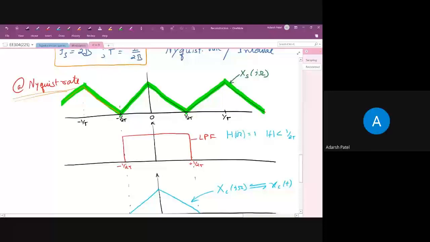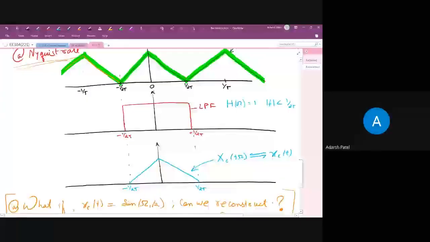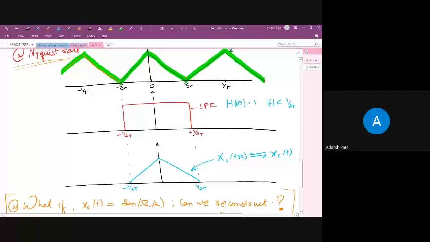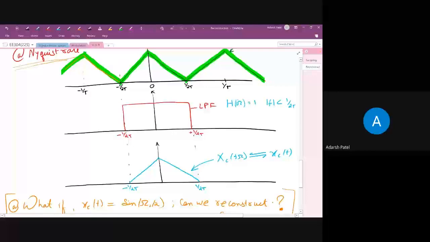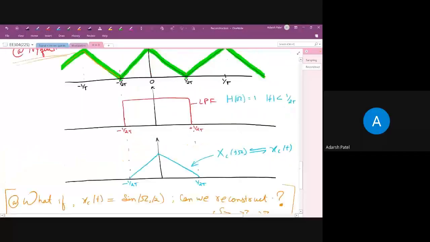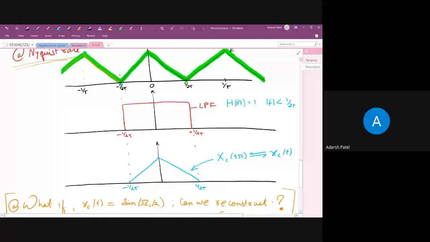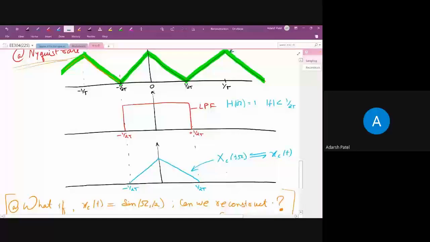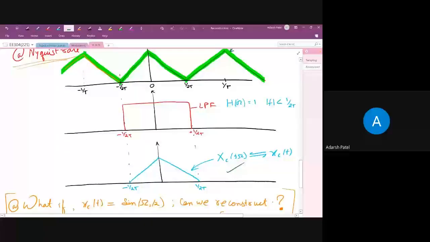We have seen this pictorially: if we pass it through a low pass filter, we can get the original signal xc(t). Now we want to formulate its mathematical equivalent, what we should be doing mathematically so that we can reconstruct the signal. From the figure we knew that in the frequency domain, passing it through a low pass filter gives Xc(j omega), which effectively means equation number 3.